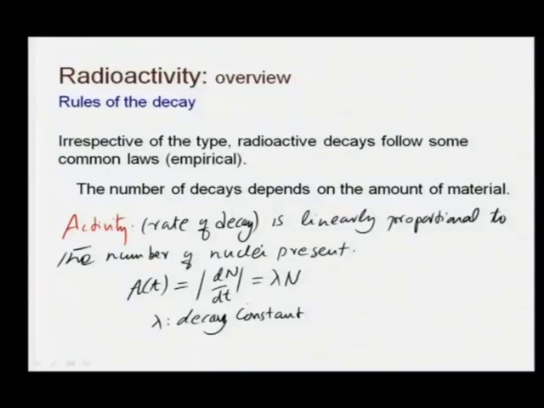So, if you have 1000 nuclei, lambda times 1000 is the number of nuclei that will decay in 1 second, if lambda is expressed per second.